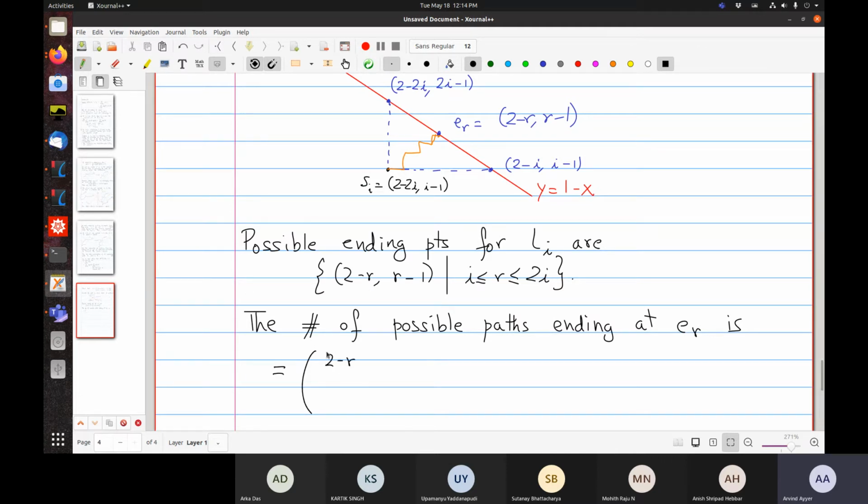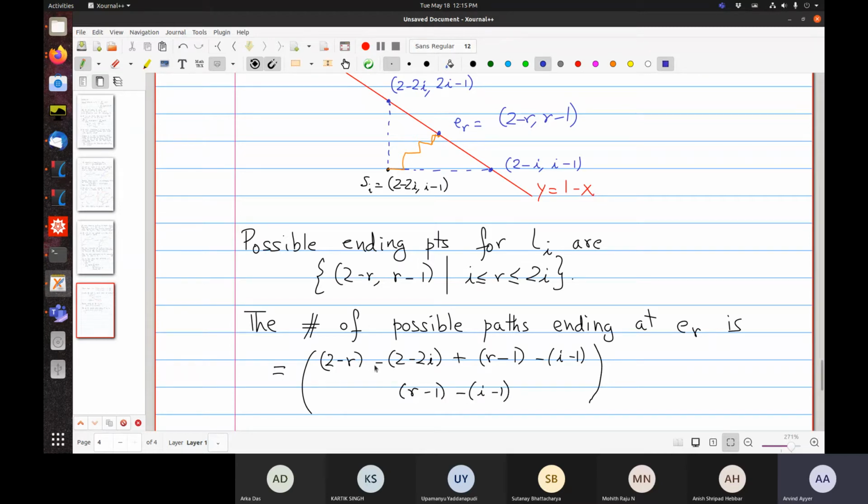That's (2 minus r) minus (2 minus 2i), plus how many vertical steps are there? (r minus 1) minus (i minus 1). Choose just, let's say, the number of vertical steps, so (r minus 1) minus (i minus 1).